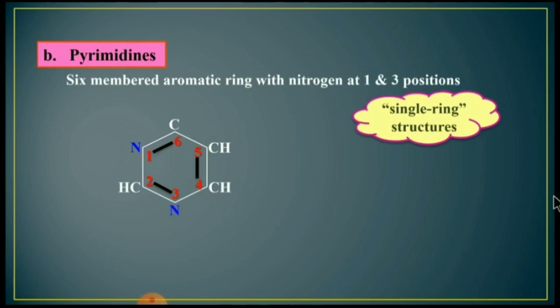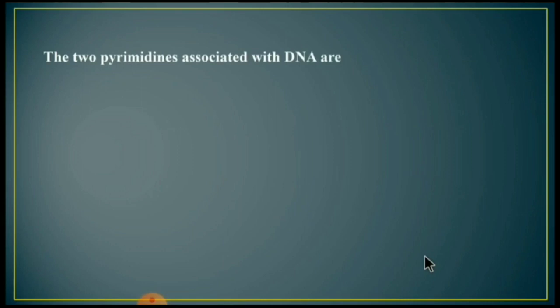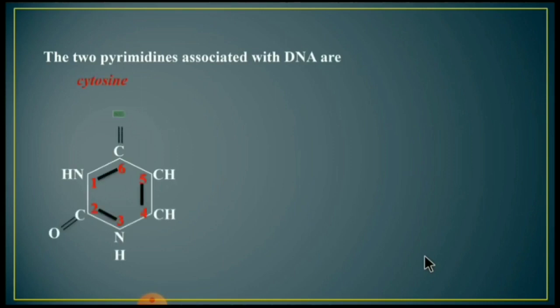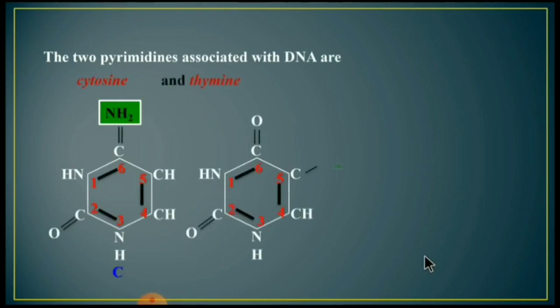Recall the purines: in purines, nitrogen atoms are found at 1st, 3rd, 7th and 9th positions. In pyrimidines, nitrogen atoms are at the 1st and 3rd positions. There are two types of pyrimidines. One is cytosine, the second one is thymine.